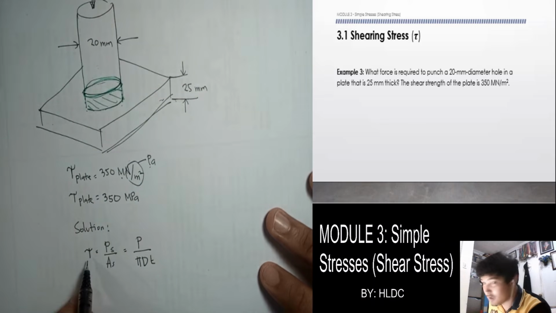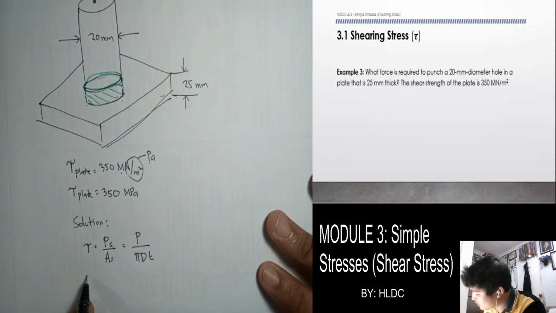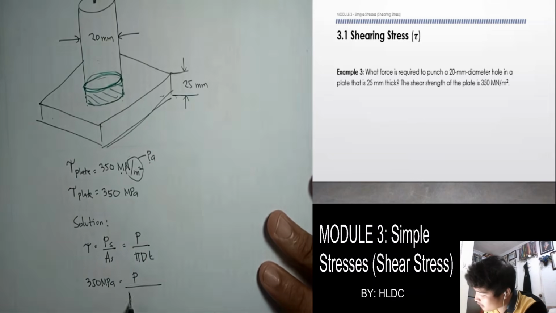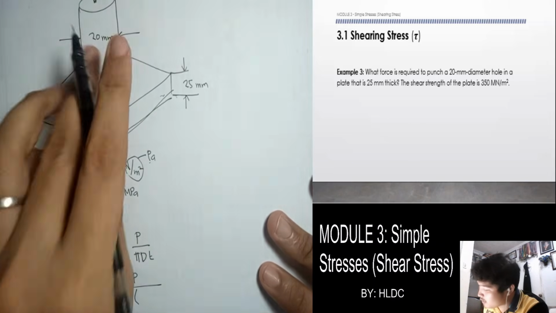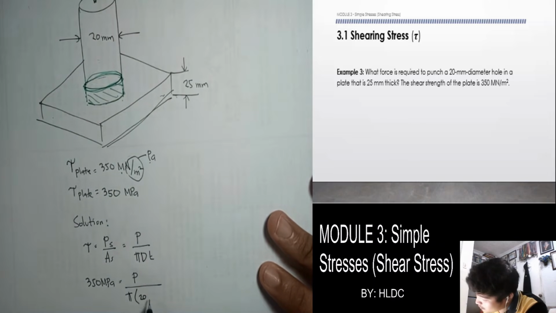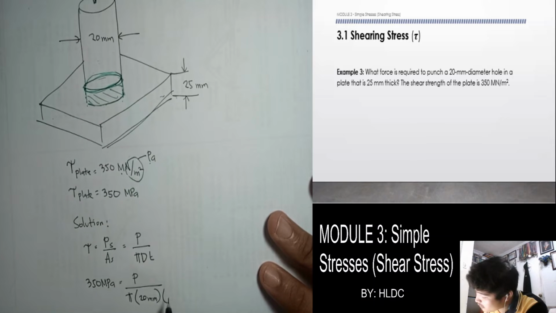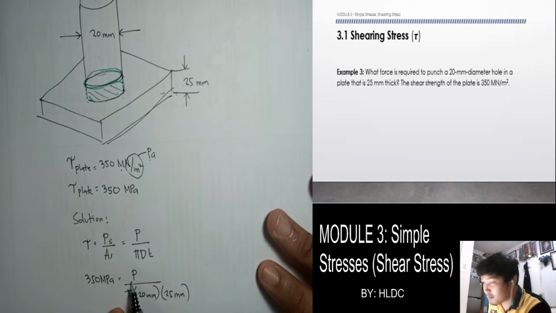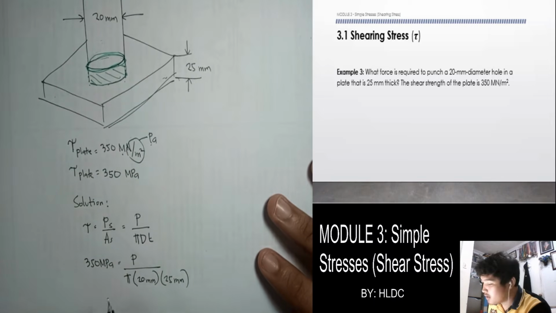Okay, ngayon, binigay ito. Tau. So that's 350 MPa equals yung force P hinahanap, and then pi, and then anong diameter 20 mm, and then yung thickness is 25 mm. Okay, so megapascal, mm. So P na masosolve dito must be in Newton.